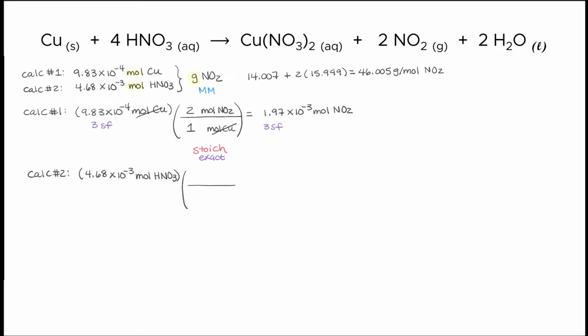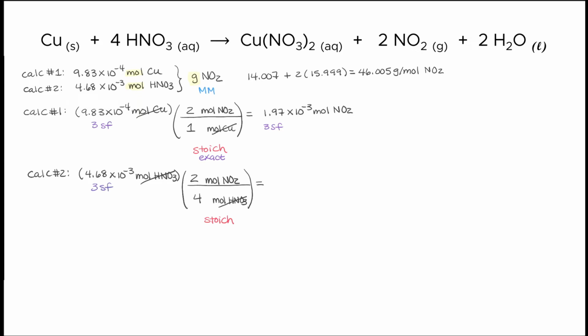Our Stoich step will have moles of nitric acid in the denominator and moles of NO2 in the numerator. Getting the values for the mole to mole ratio, we still have 2 moles of NO2, but 4 moles of HNO3. We'll cancel the units and check our sig figs.